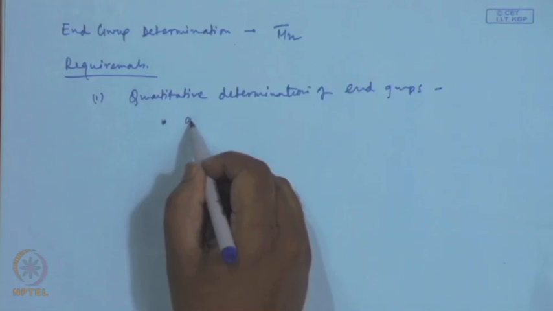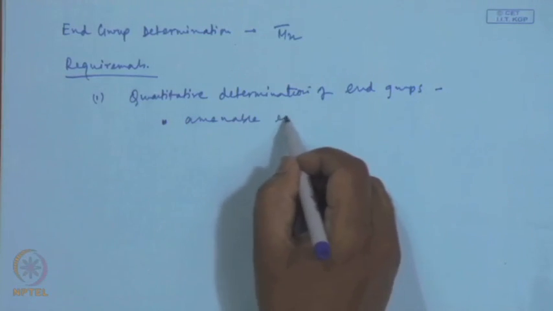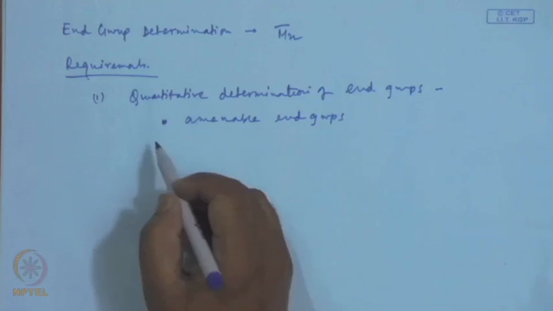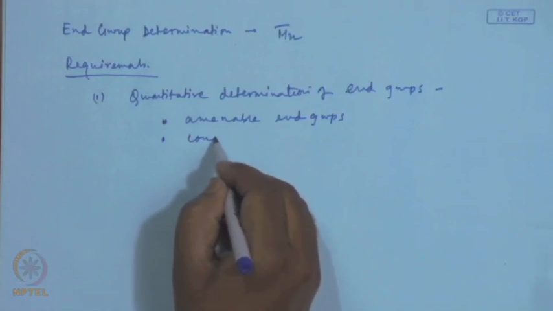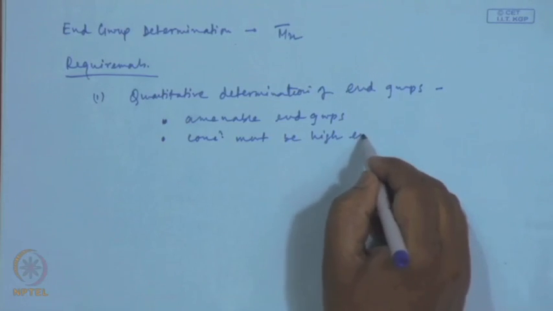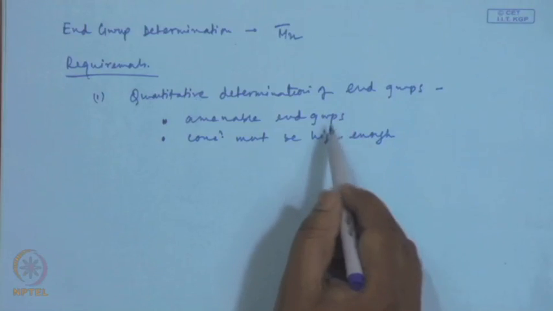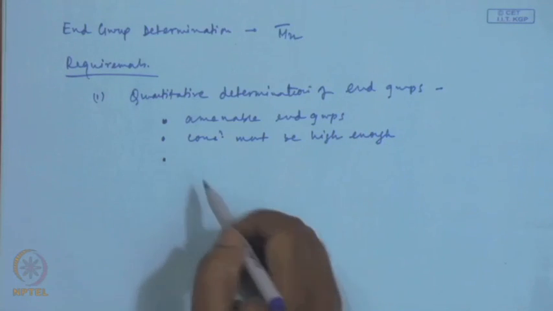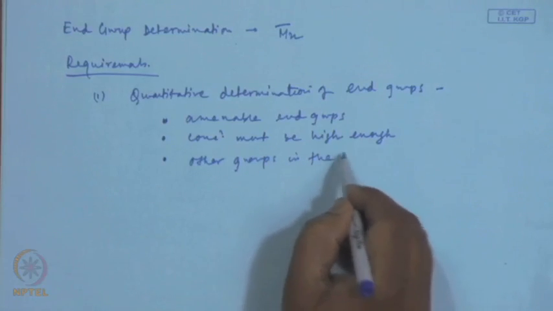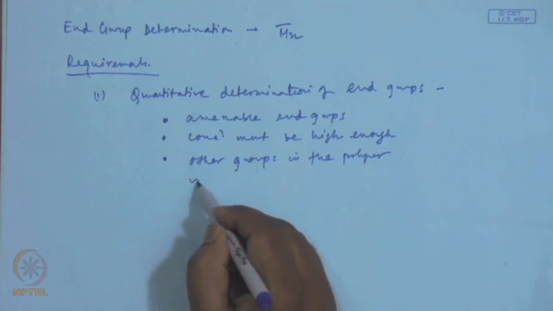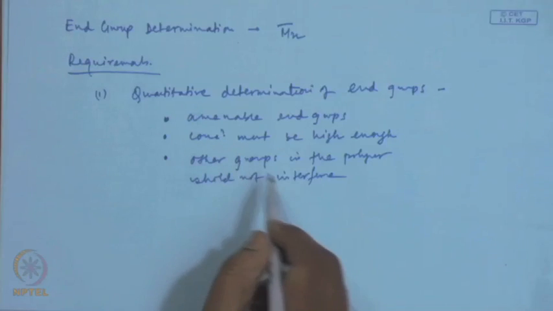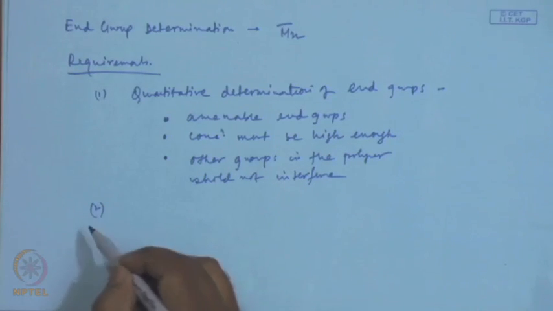So, polymers must have amenable end groups, which can be analyzed by, say, titrometry or spectrophotometrically, and the concentration must be high enough so that we can determine the concentration of end group accurately or quantitatively, and the other groups present in the polymer should not interfere in the determination of the end groups of our interest.